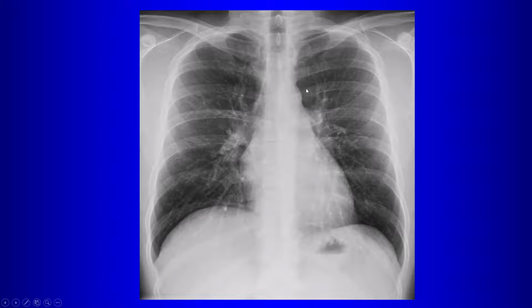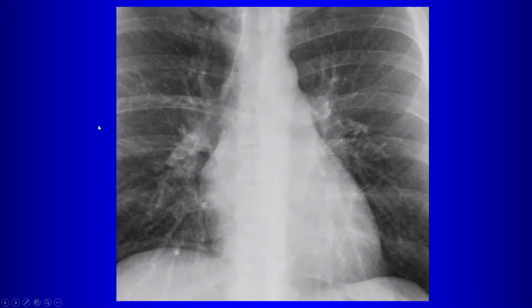On the left side, we have these three moguls, or these three bumps, roughly about the same size. The first is the aortic knob, second is the main pulmonary artery, and the third is the left atrial appendage. Right below that, you have the left ventricle. Another nice way to identify the left atrial appendage, you look for the airway, the left main bronchus, and where that ends, right below that, that is the region of the left atrial appendage on your chest radiograph.